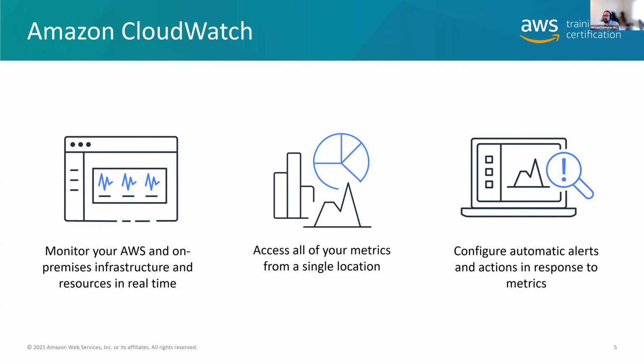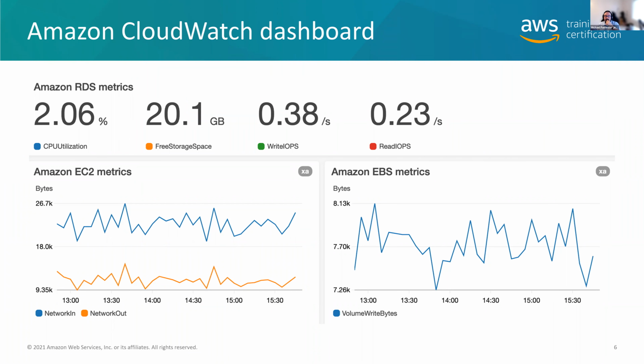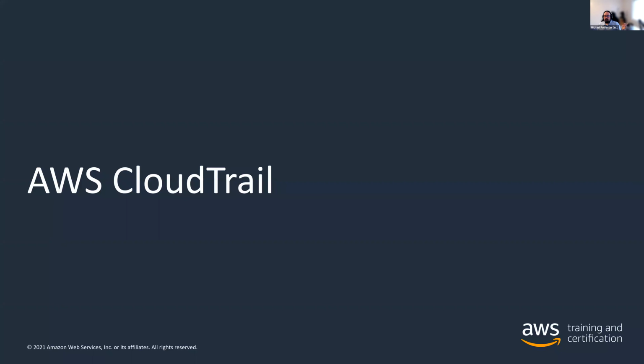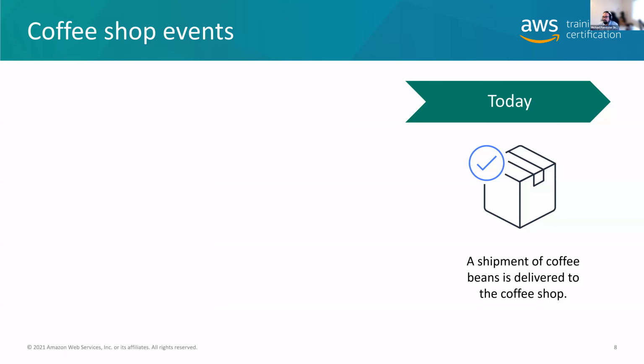Now, that's what's happening inside your account to the services inside the account. What about the account itself? What if someone just opened up the security group on one of my products? Who did that? When did they do it? And how do I find out? Now, if we were in the coffee shop, let's say all of a sudden magically a second shipment of coffee beans shows up in the shop and you're like, why is this here?